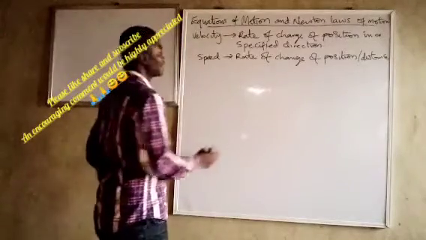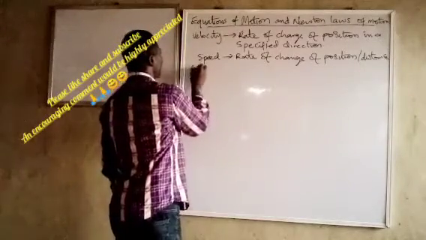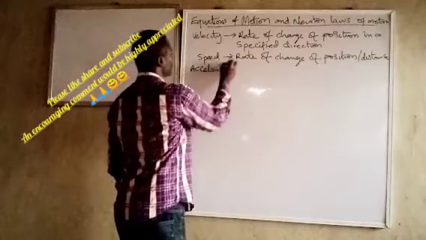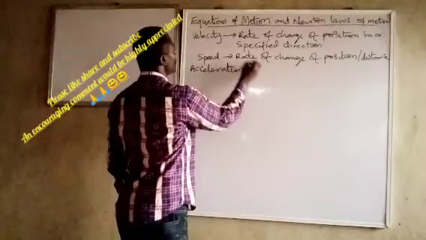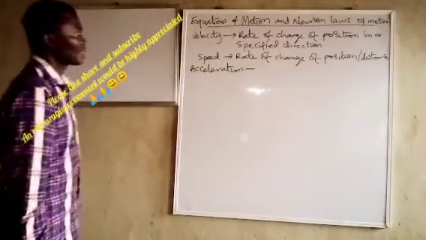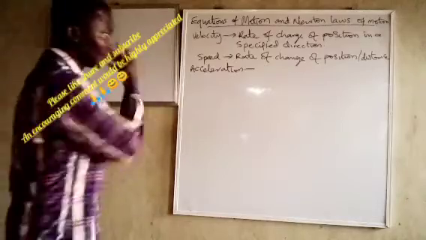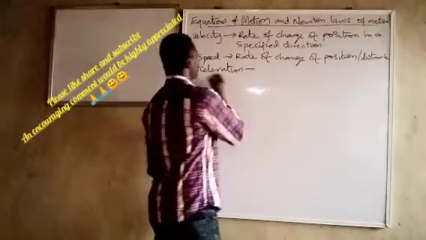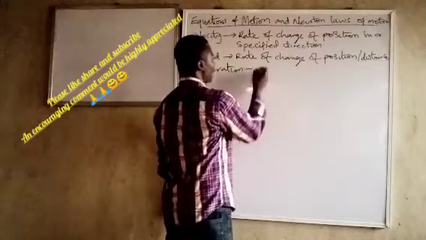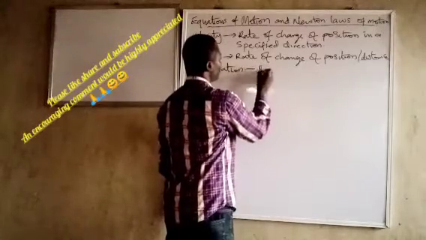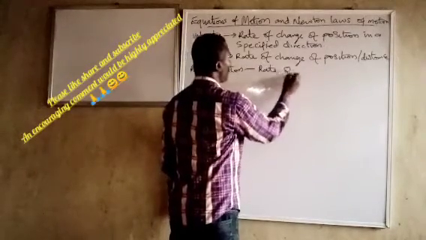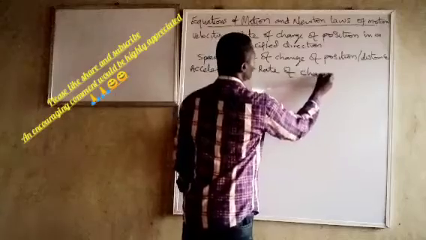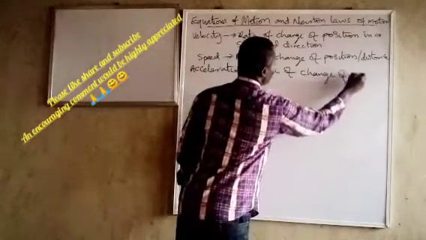Another thing we talk about is acceleration. Even as we look at velocity as the rate of change of position, it can also change. So we also talk about acceleration, and acceleration is the rate of change of velocity.